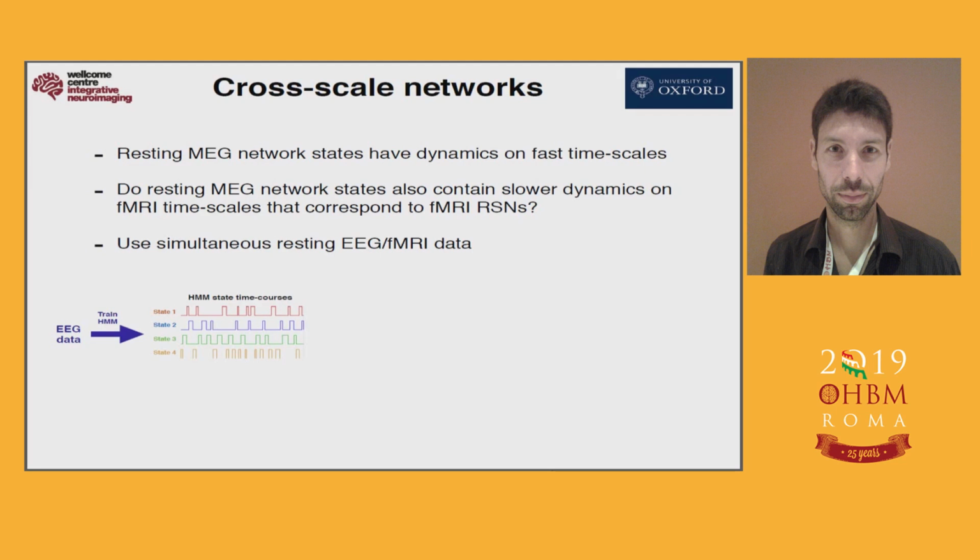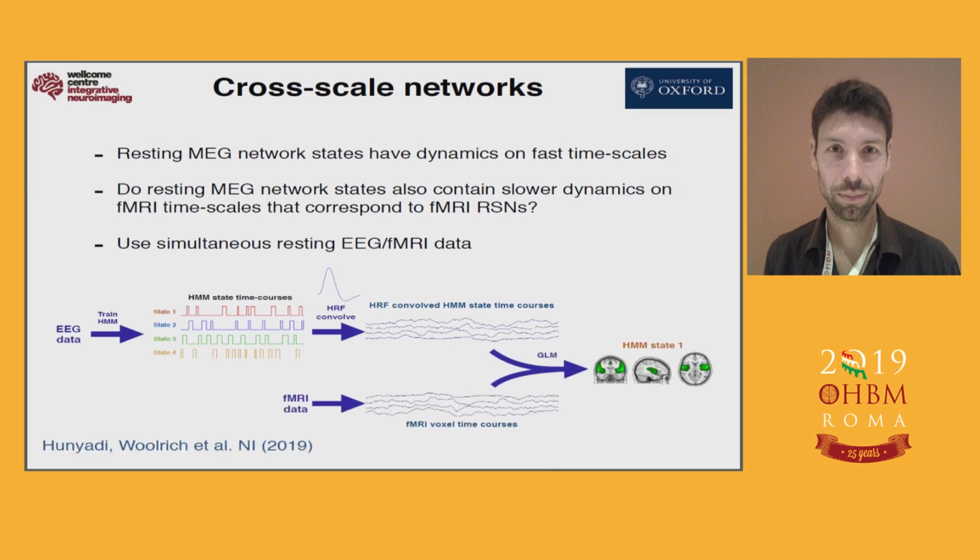Each of those is a network in EEG. We convolve these time courses of probabilities with the HRF, and we downsample, so now this has the same scale and resolution as fMRI.